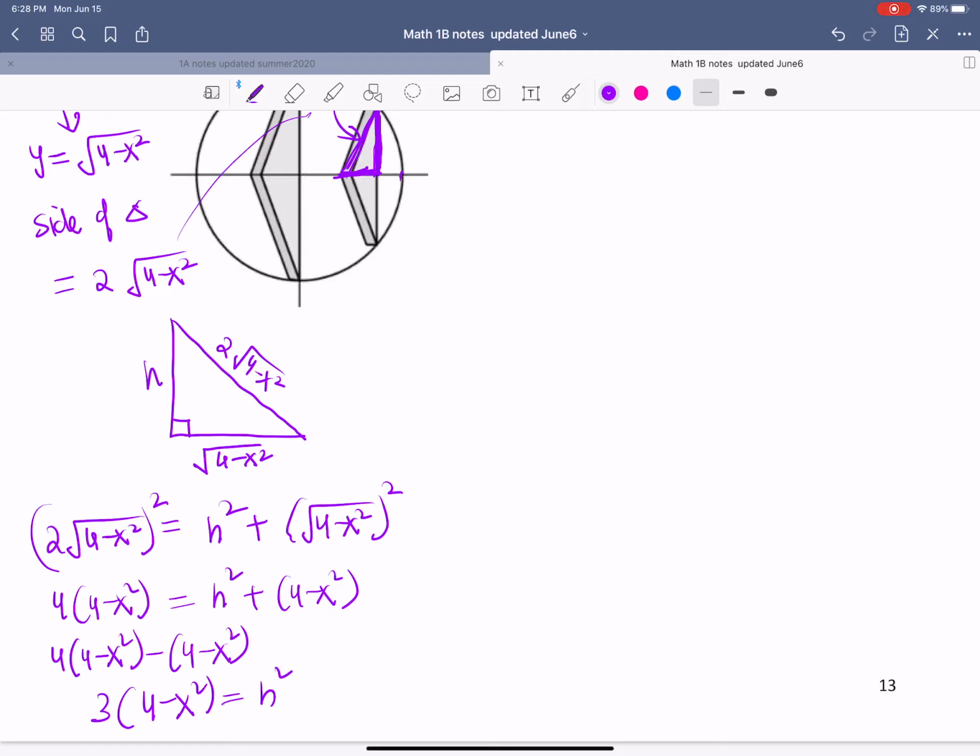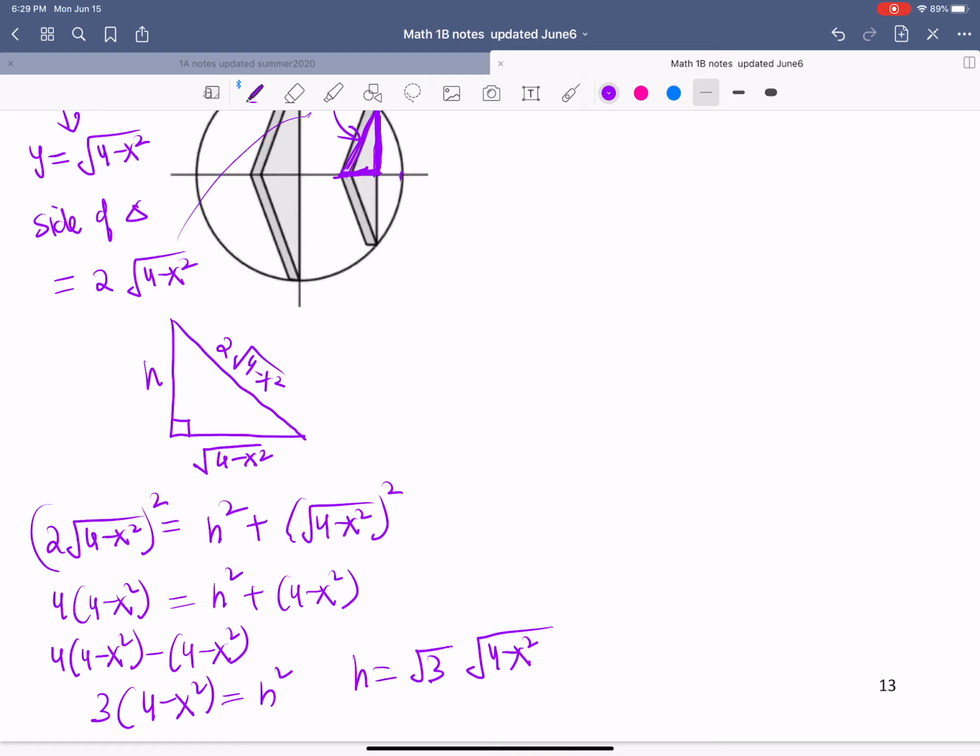And then h, the height of the triangle, turns out to be the square root of 3 times the square root of 4 minus x squared.